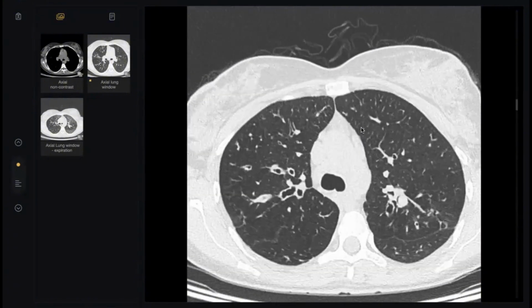There is also some interstitial thickening. So this looks like a case of cystic fibrosis with bronchiectasis, and there was lymphadenopathy also in the mediastinal and pre-aortic regions. What else?